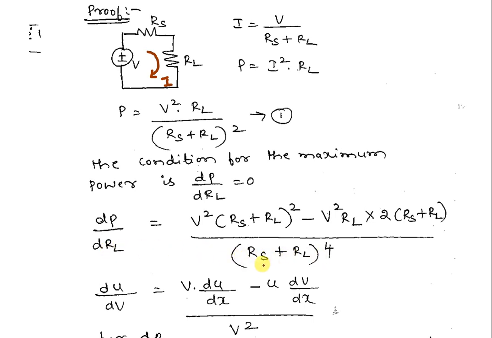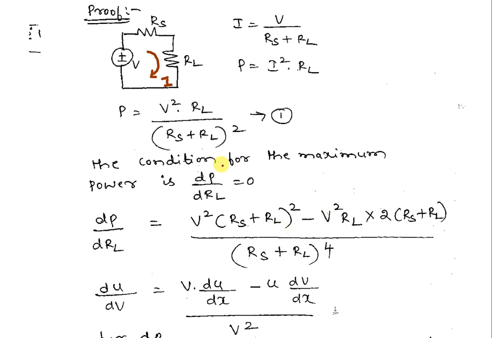The denominator square, (RS plus RL) whole square squared, is (RS plus RL) to the power 4, and we write the denominator (RS plus RL) whole square. Differentiation of the numerator: V squared is constant, so keep it as it is. Differentiation of RL with respect to RL is 1, so here we get 1.